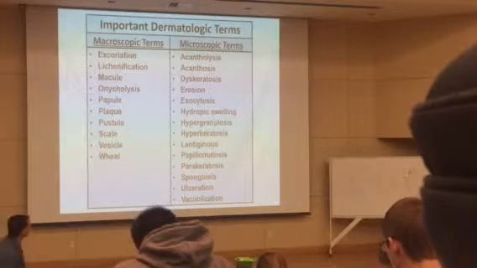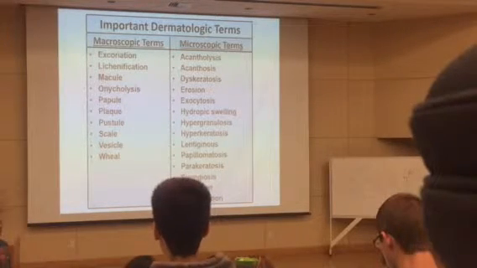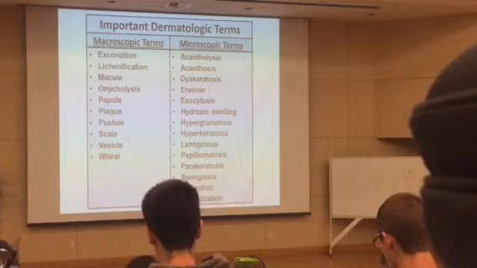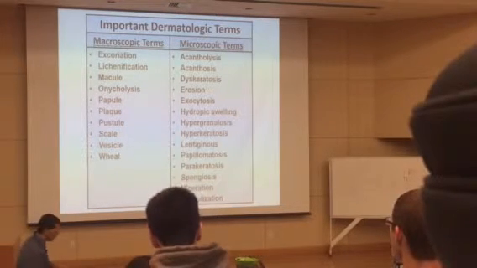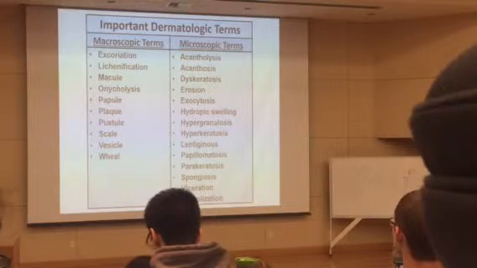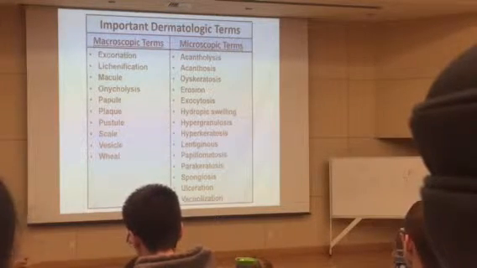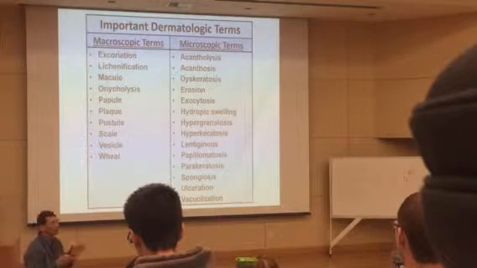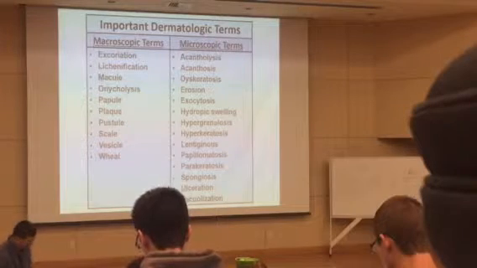The reason these terms are important in dermatology is that, as we talked about during class, the skin is one of the few organs we can actually visualize. Between knowing how to describe it macroscopically, what you see, and microscopically, both of these are important in coming to the final diagnosis when we're talking about dermatologic conditions.